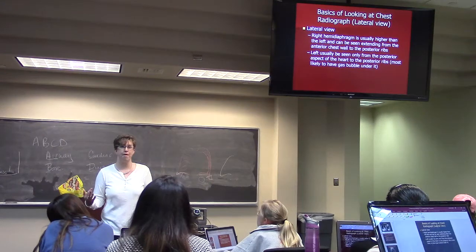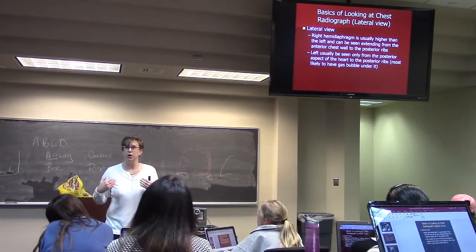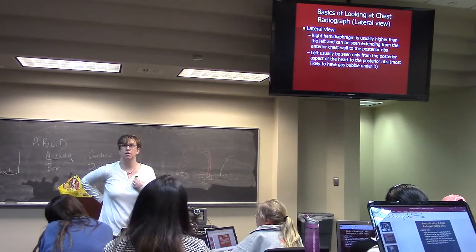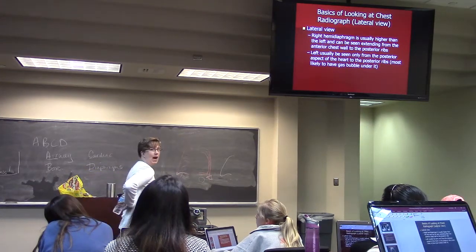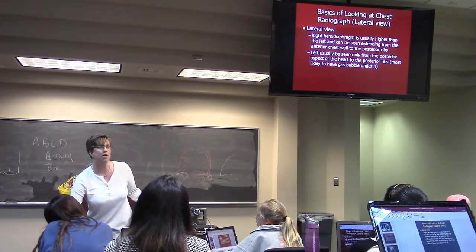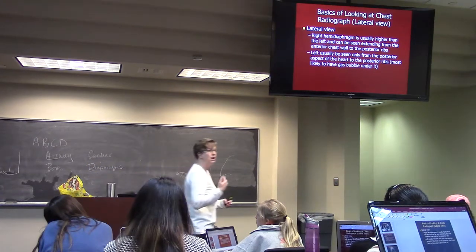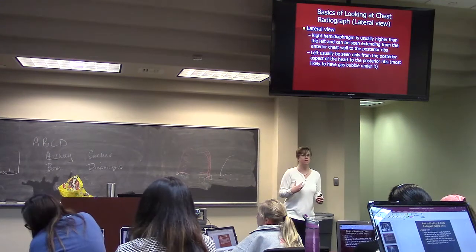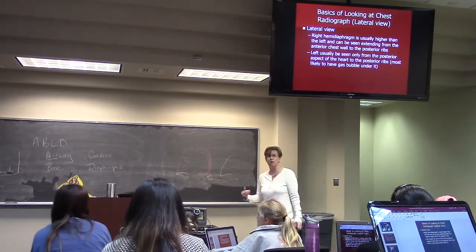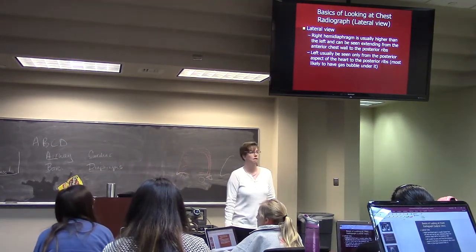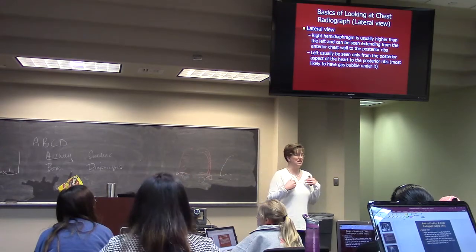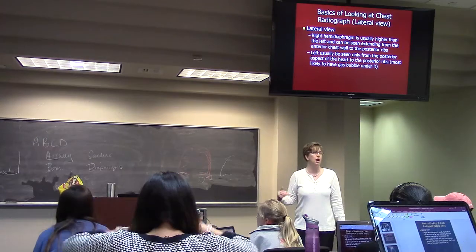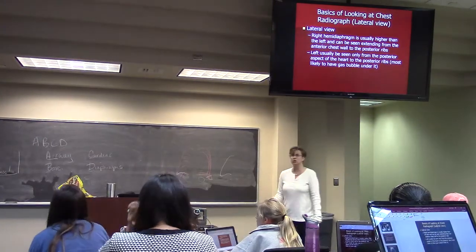If I take a picture and something's here in my chest and here in my chest, I don't know where it's at, right? My lateral tells me where it's at in the chest. It may look like it's in front of the heart, but actually it's behind the heart. It may look like it's in the trachea, but it's behind the trachea. That's the reason for it.